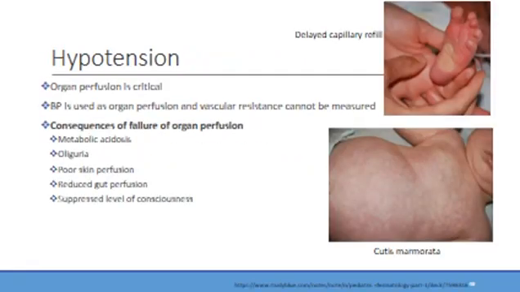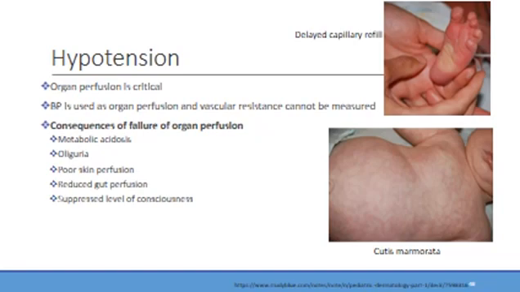Babies often present with hypotension in the neonatal ward. It is important to remember that organ perfusion is actually the critical factor. But because we cannot measure organ perfusion or determine vascular resistance, we use blood pressure as a physiological parameter to help us make the decision on whether the organs are properly perfused.